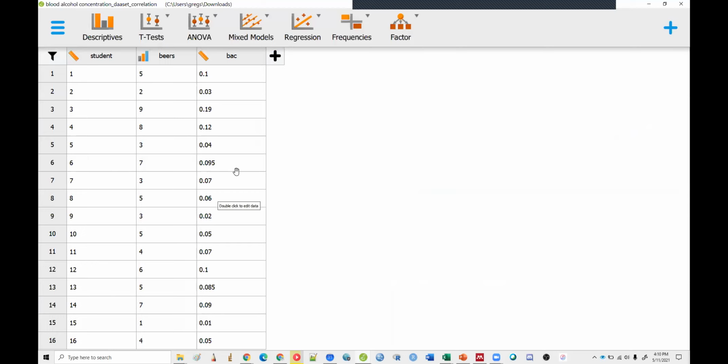So the first thing we're going to do when we open something up is inspect what variable types JASP assigned to each of the variables we had.